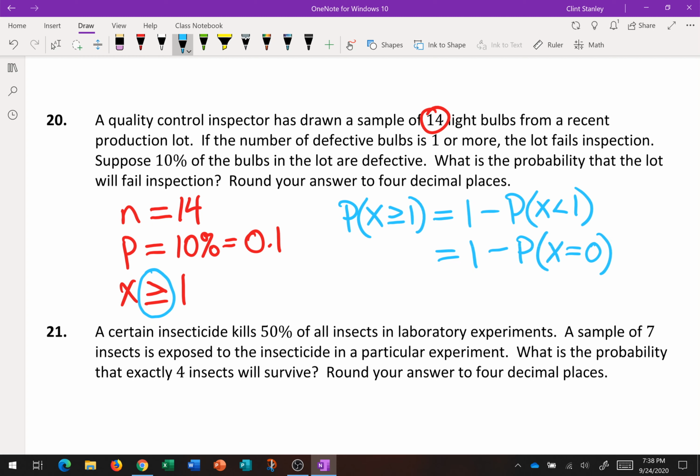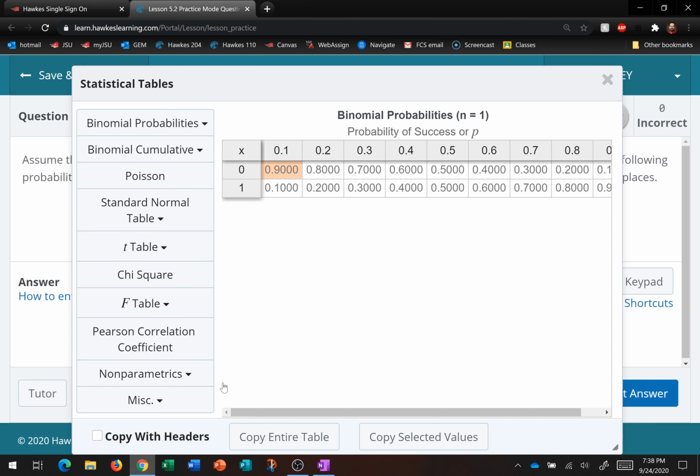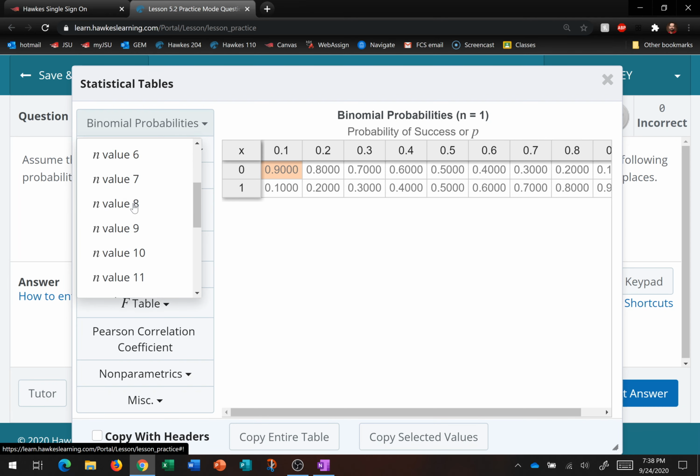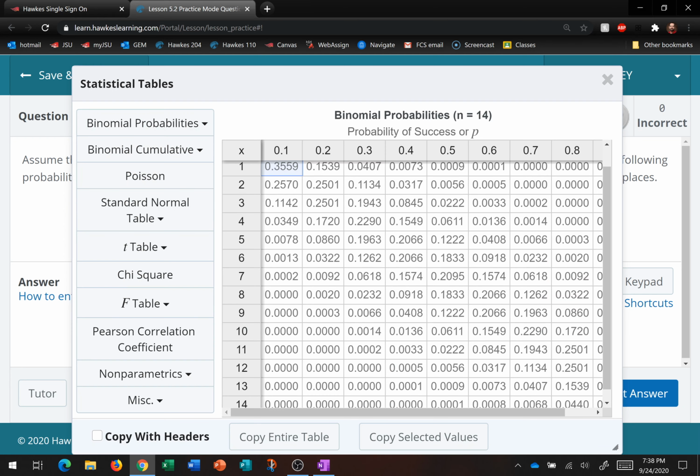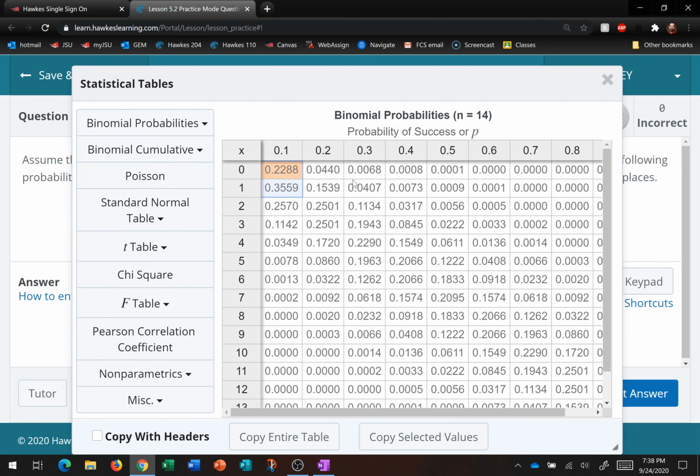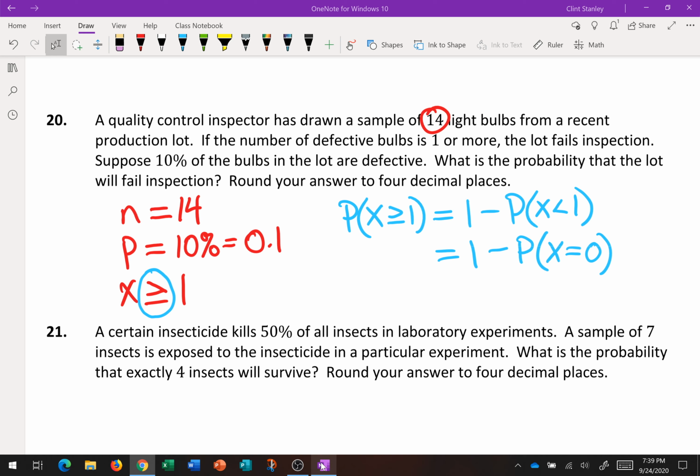On this one, we can actually use just the regular binomial table to find the probability that x is 0. So n is 14, p is 0.1. We're going to look up an x of 0. So go to the binomial table. N is 14, p is 0.1, and we want x of 0, so 0.2288.